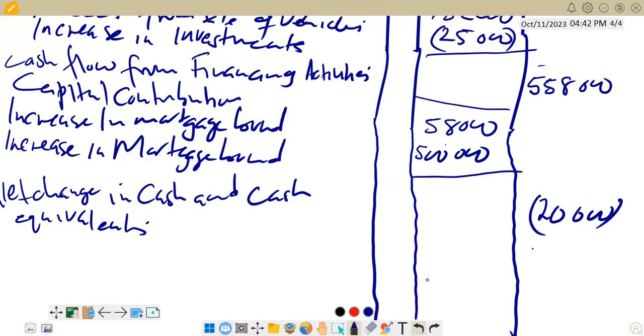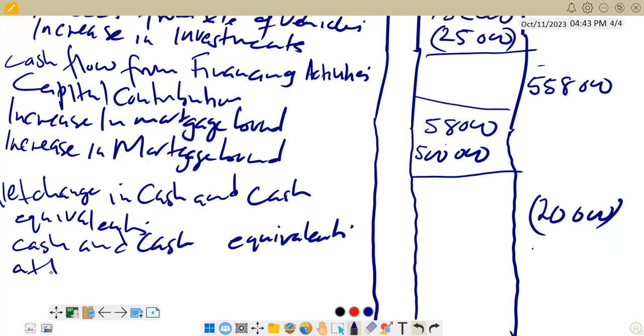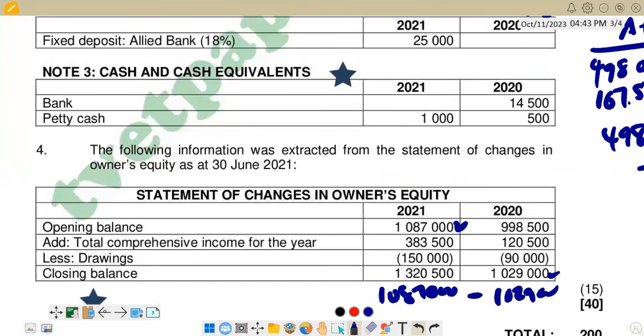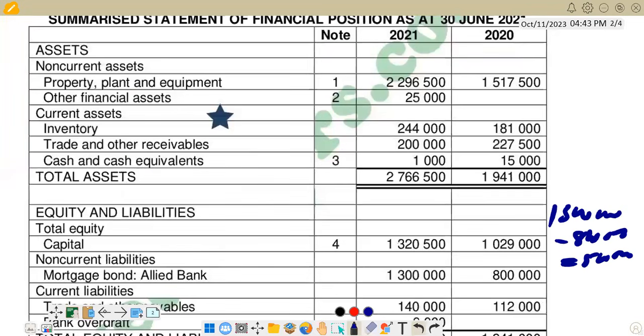And then we are supposed to add cash and cash equivalents at the beginning of the year. So we'll go back to check what we have at the beginning of the year in terms of cash and cash equivalents in the list of balances that we have.